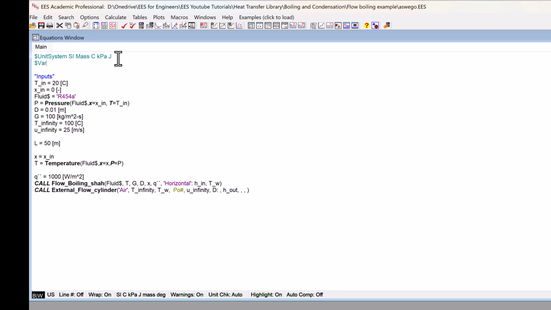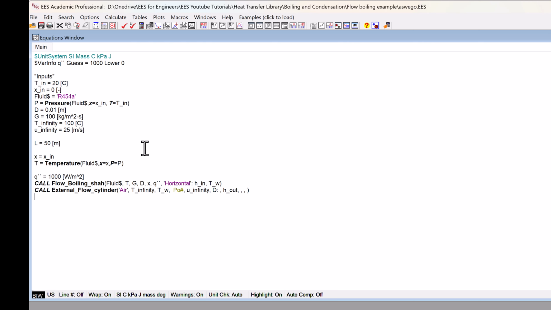So I'm going to go ahead and use the $var_info command up here, and the variable is heat flux, and I'm going to put in a guess of, I don't know, let's put in a guess of 1,000, and it's going to have a lower limit of 0, and I don't really know what the upper limit is, but this is going to make sure that my iteration is hopefully pretty well behaved, right?